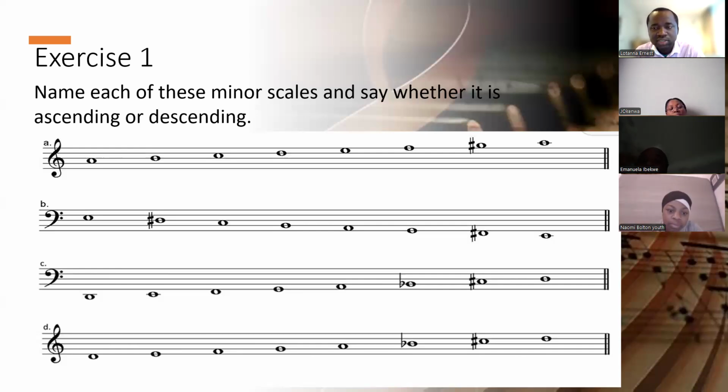So what is it? Is it melodic? Why do you say it's melodic? What happens in melodic? Two of the keys are sharpened or flattened. No, I didn't say that. I didn't say two of the keys are sharpened or flattened in melodic.